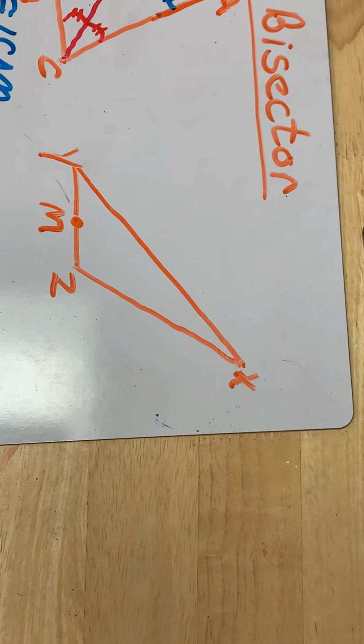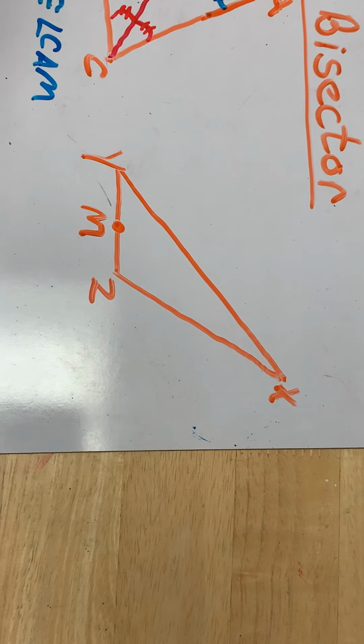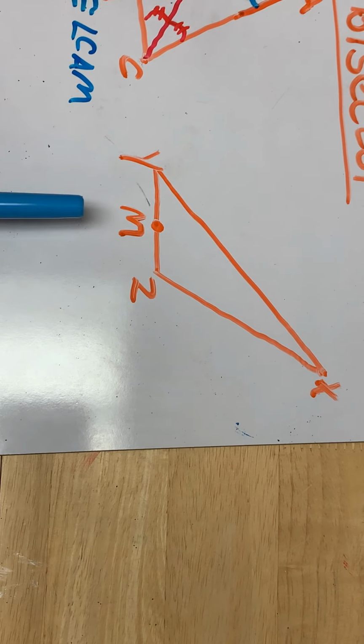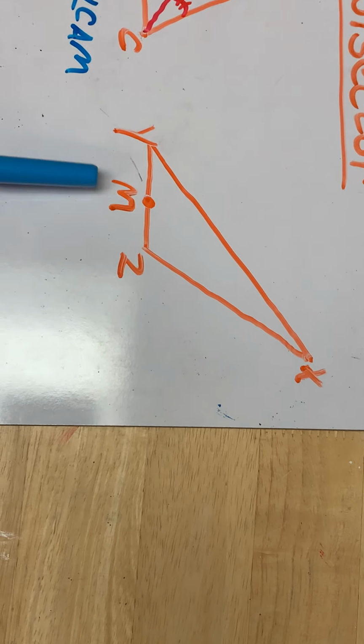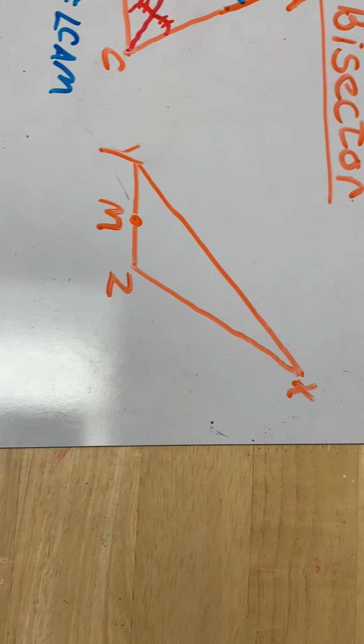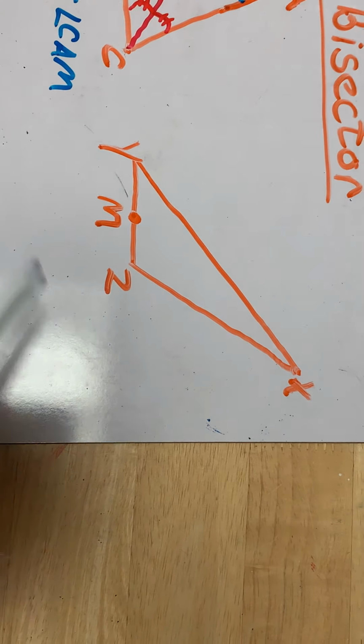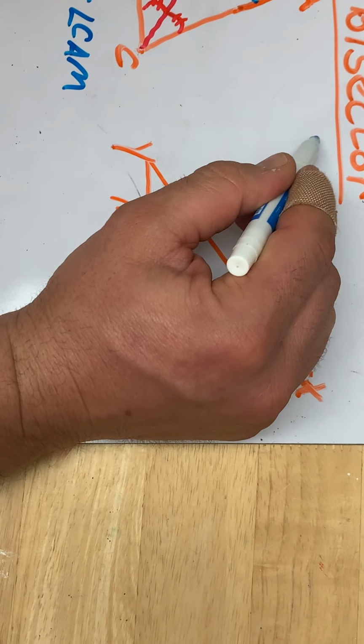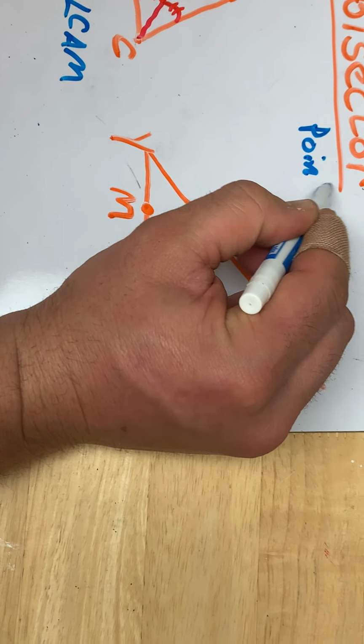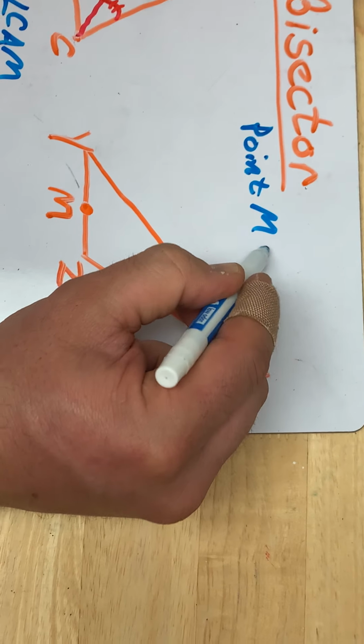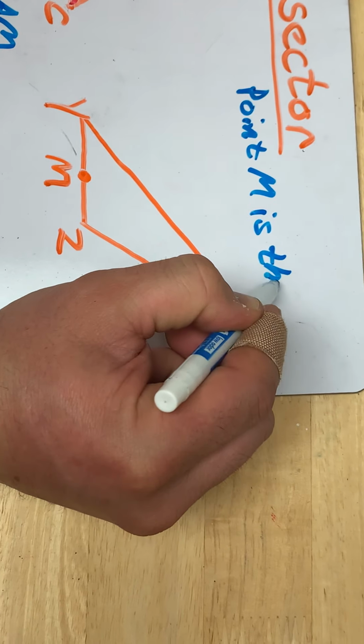All right, so here I'm giving you that point M at the base of the triangle is the midpoint of side YZ.